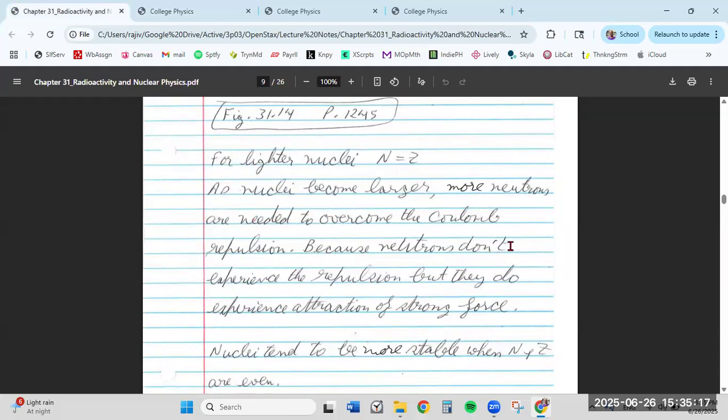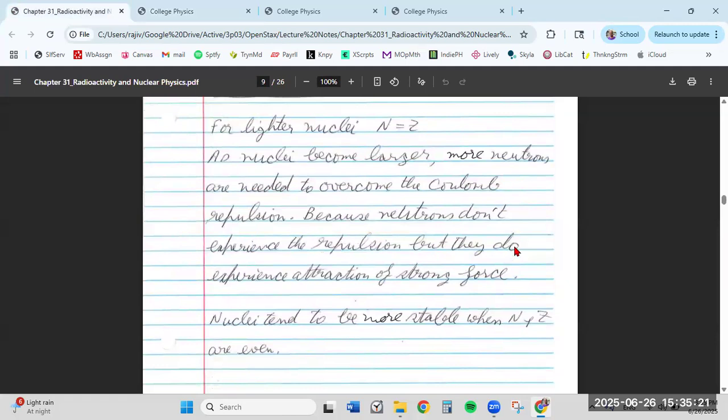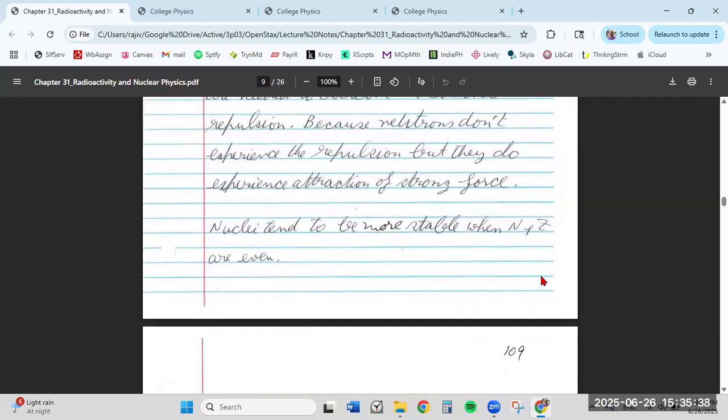As nuclei become larger, the Coulomb force between the protons is increasing. And therefore you need more neutrons to overcome the Coulomb repulsion, because neutrons don't experience the repulsion, but they do experience the attraction of strong force.